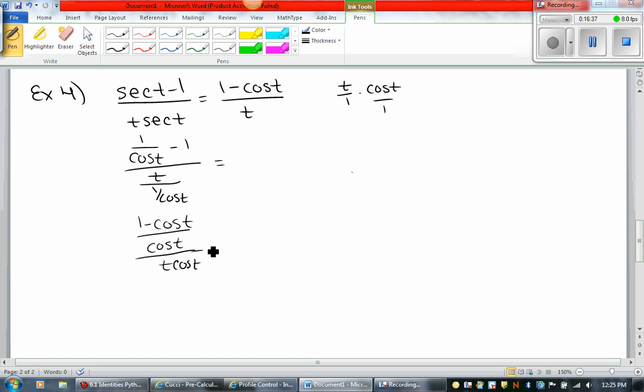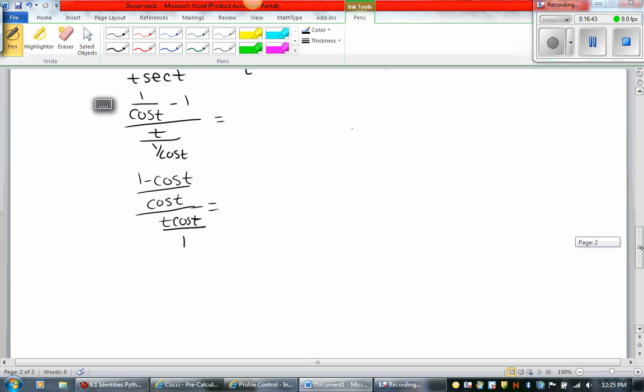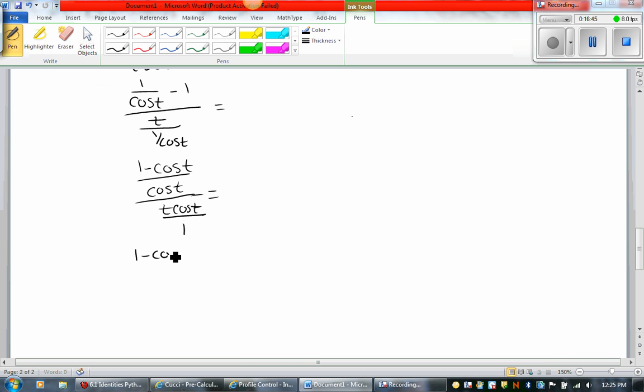So 1 minus cosine t over cosine t divided by t cosine t. Again, it's still a complex fraction. So we're going to keep the numerator, multiply by the reciprocal of the denominator.